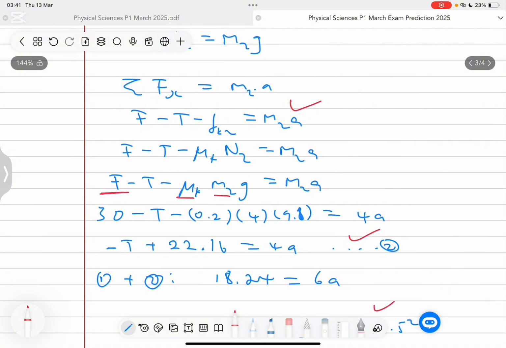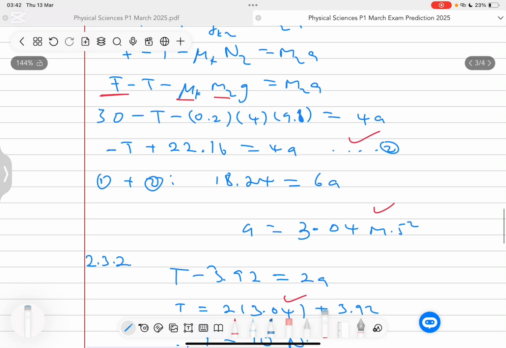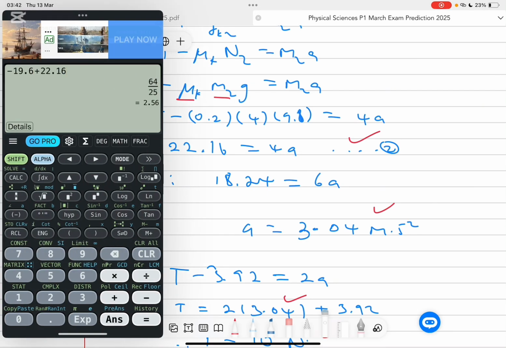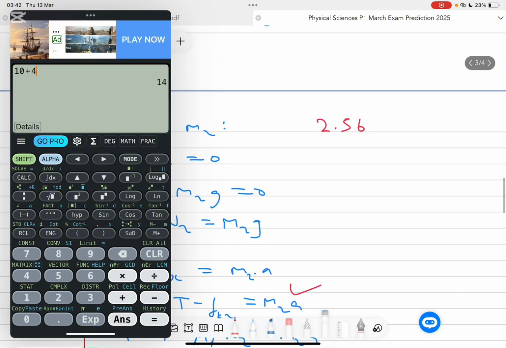Then the other thing that we look at is the masses on this side. Here we have 10a plus the 4 now, because remember the 4 kg mass hasn't changed. So we have 10 plus the 4, which will give me 14. So this side I'm going to have 14a.